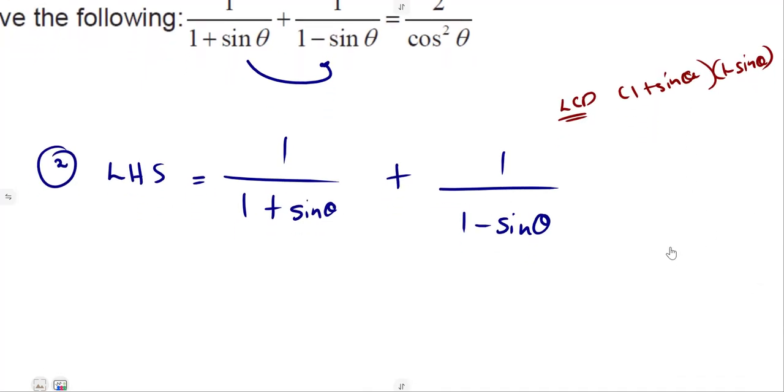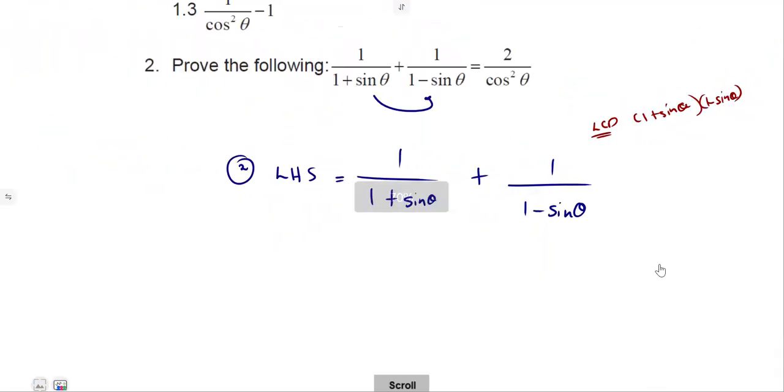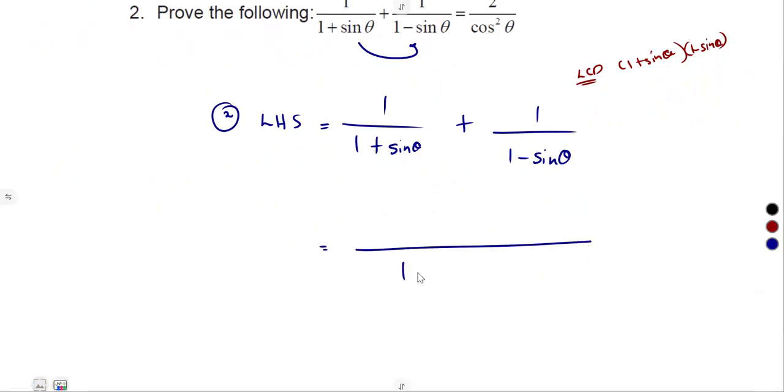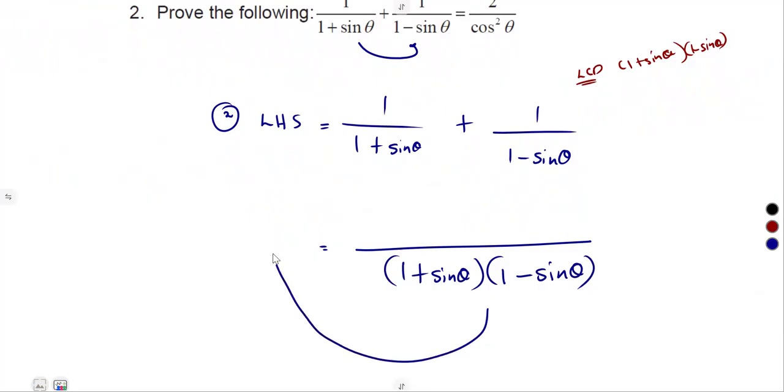So with our LCD, we are going to combine or add these two fractions together. Thus, 1 plus the sine of theta, another bracket, 1 minus the sine of theta. So this is it. Remember, the division concept is the LCM or the LCD divided by the given denominator.